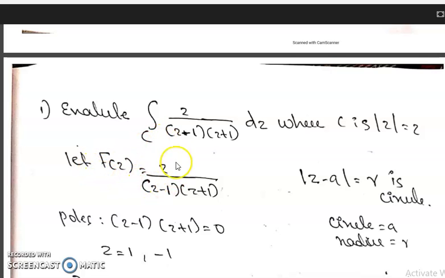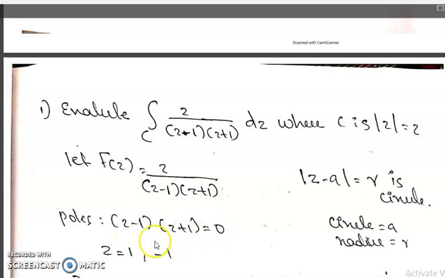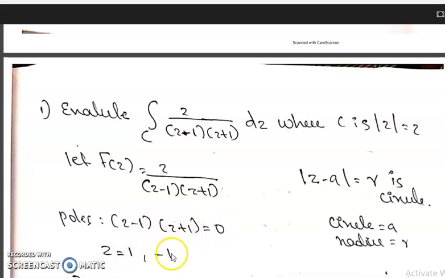Here f(z) is equal to z by (z minus 1)(z plus 1). And here we need to find the poles, right? Poles means the points where the function is not analytic. So equating the denominator to 0, as we have already done, we get z equal to 1 and z equal to minus 1.